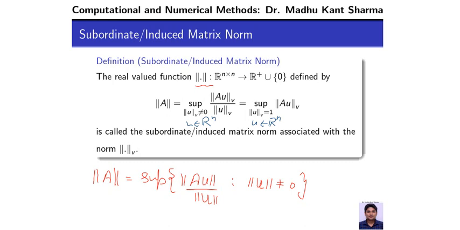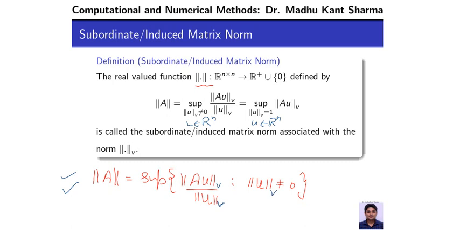This norm could be the one norm, two norm, three norm, infinity norm, and so on. Because of this we call it an induced matrix norm. Here this norm is any norm on Rn.